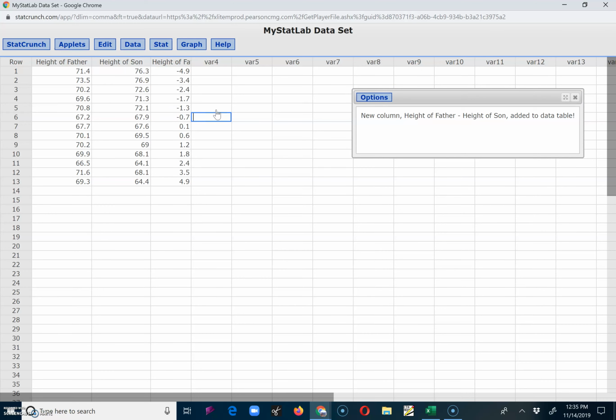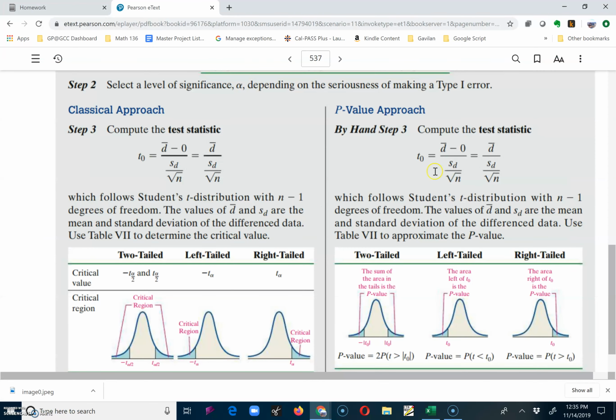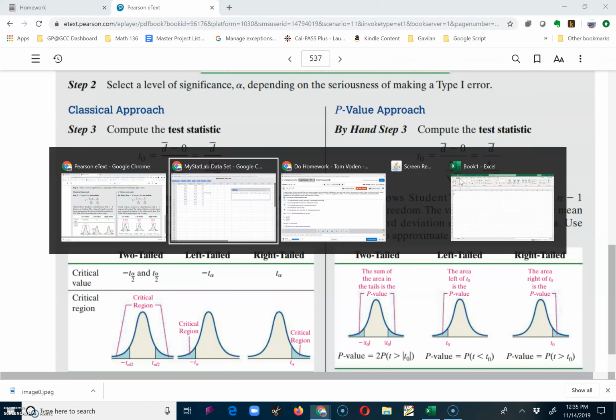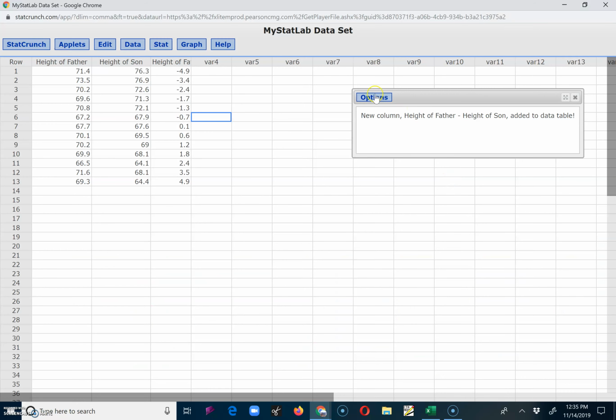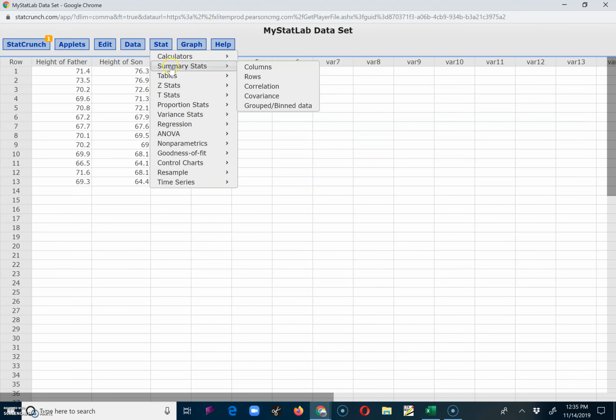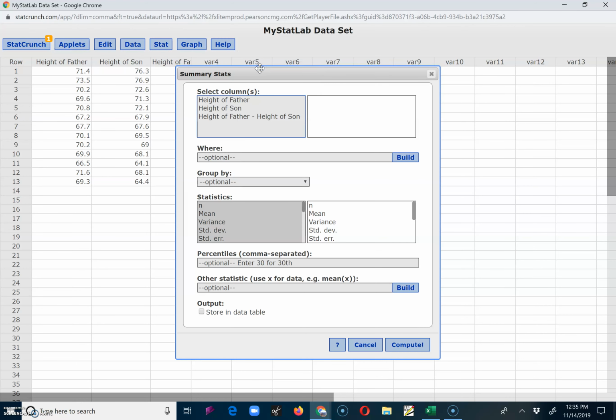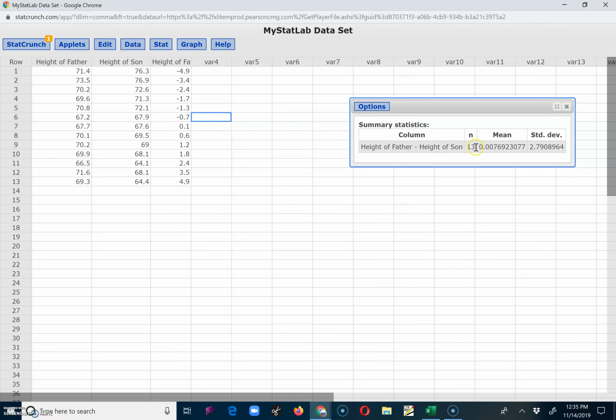So what I'm going to need in order to compute this test statistic is the standard deviation of those values and the number of those values and the mean. So I'm going to go through and look at summary statistics of columns, and I'm going to take the difference column. I'm going to want the count, the mean, and the standard deviation. And when I compute that, it gives me these values.